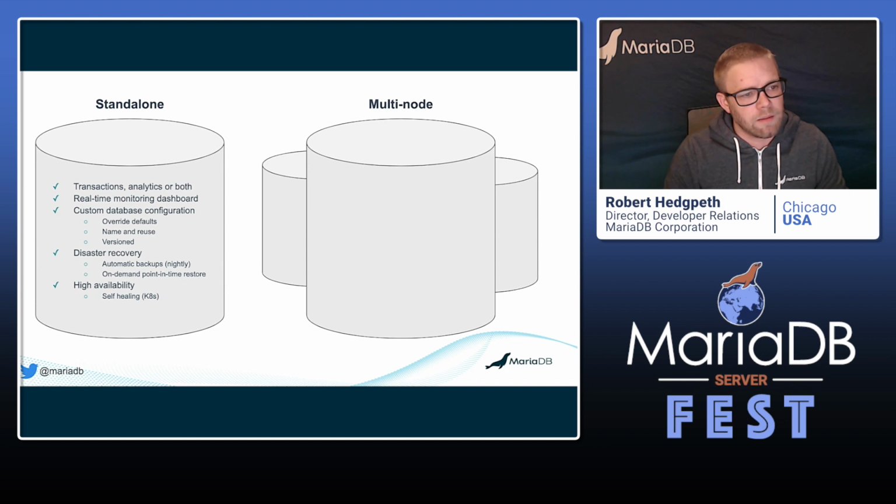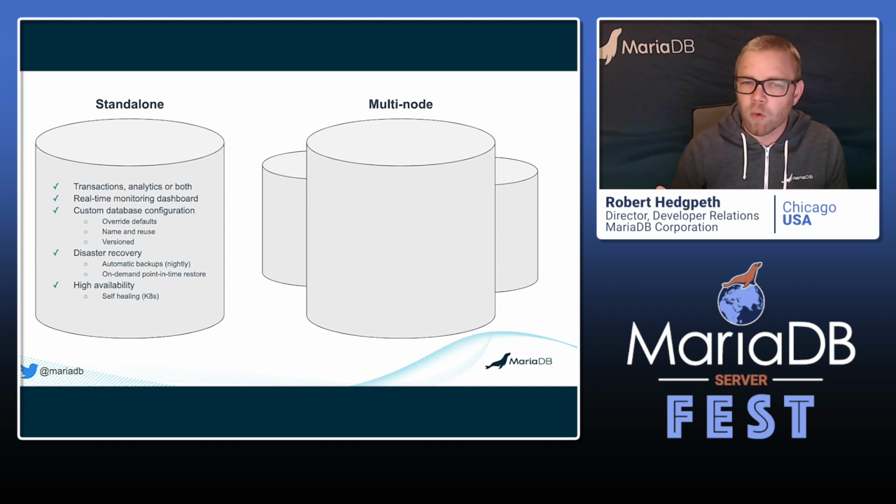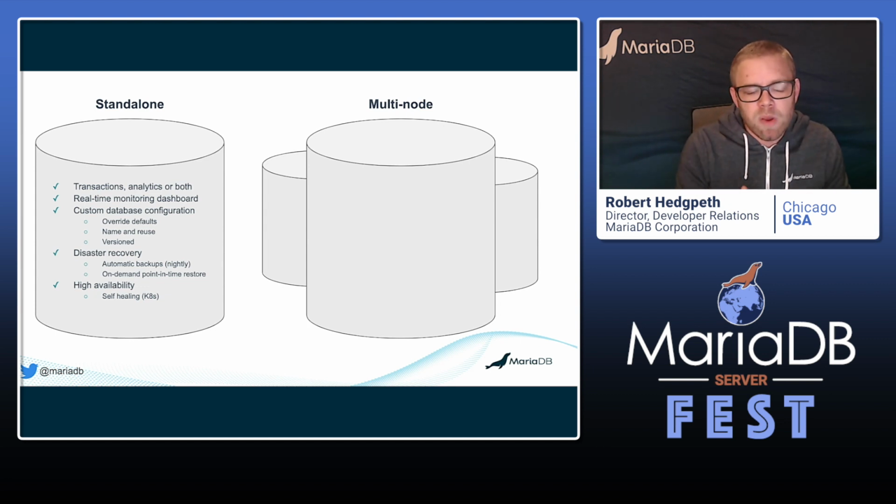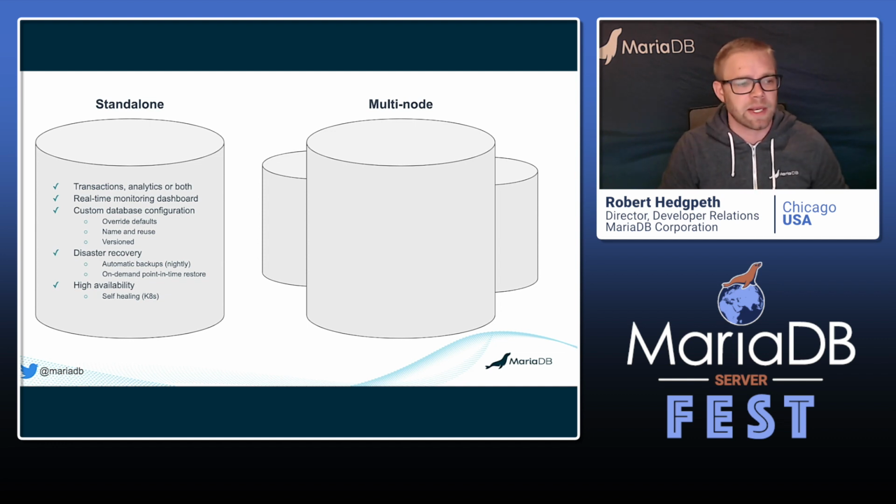Obviously, you're going to want some form of configuration because, as we know, MariaDB has a pretty robust collection of system variables and configuration parameters that you can set in order to make it tuned and run really well for your workload. We wanted that to be available, of course, within SkySQL and highly customizable, as we'll see once we get into the demonstration. With any professional database, of course, there needs to be disaster recovery and automatic backups, which happen nightly.